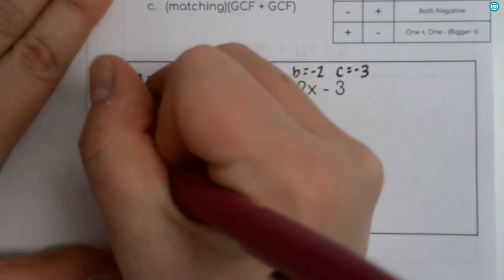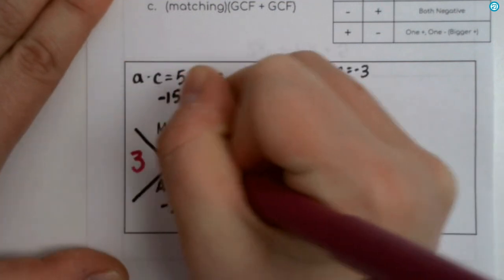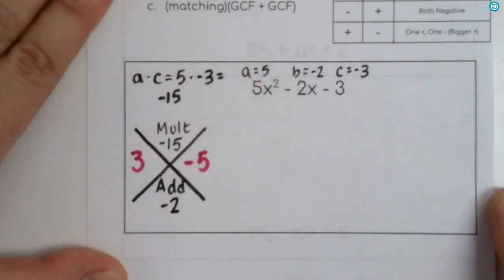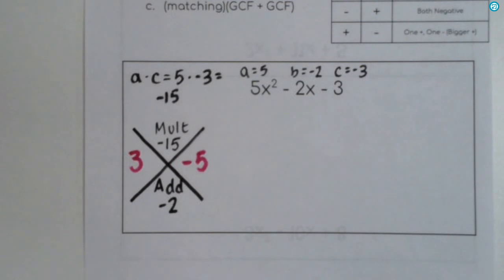So I'm going to leave the 3 positive and make the 5 negative. So our magic X, we fill in the sides with the two numbers that multiply to -15 and add to -2. So that so far is step 1 and 2. Any questions about either of those steps?